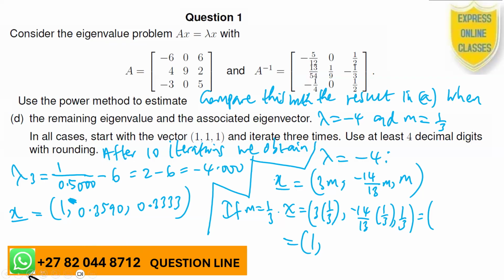Right, it would have to be negative. Let me do it in red ink. So it would have to be negative. So you have -14 out of 39. 1 out of 3. Okay.